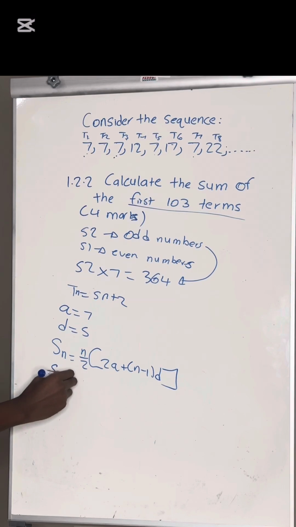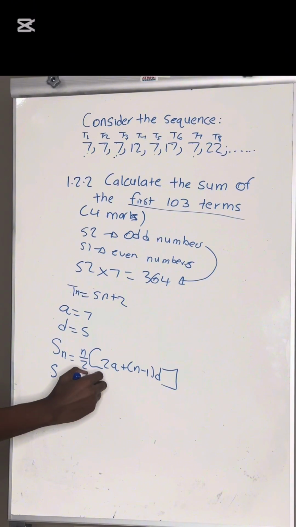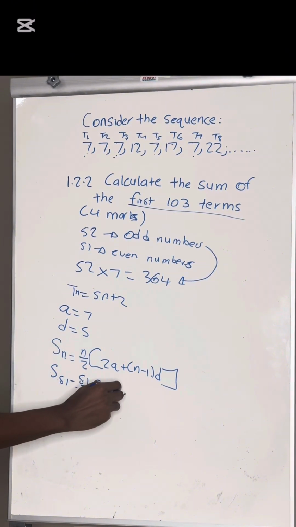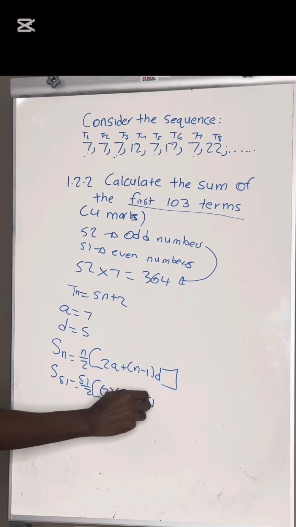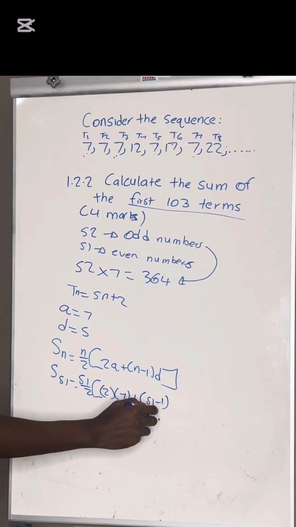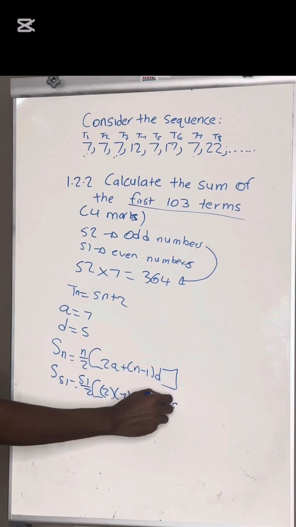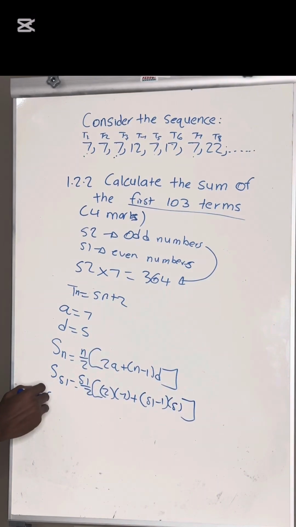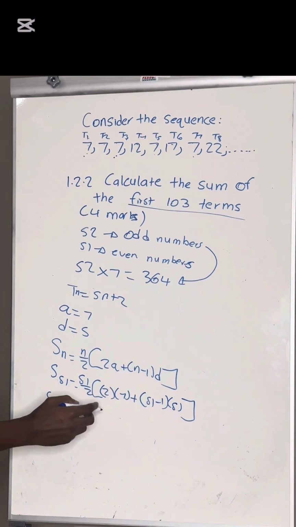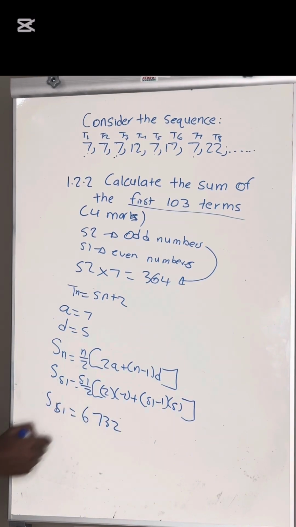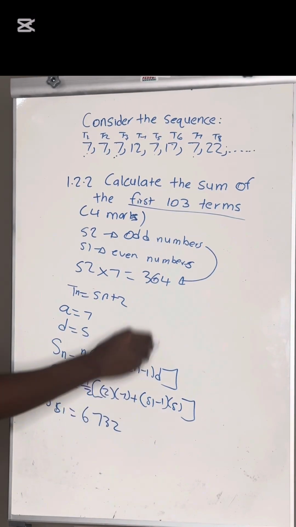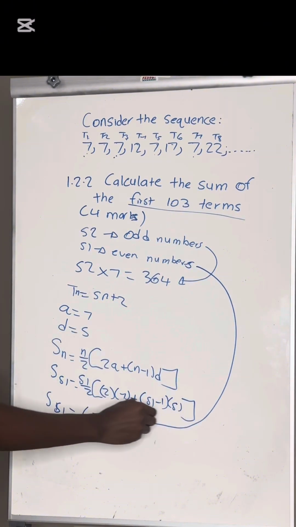So the sum of the first 51 terms is equal to 51 over 2 into 2, remember a is 7, plus 51 minus 1 times our common difference, 5. Close the brackets. If you punch all this into the calculator, you should get 6,732. So this stands for the sum of the 51 even numbers.